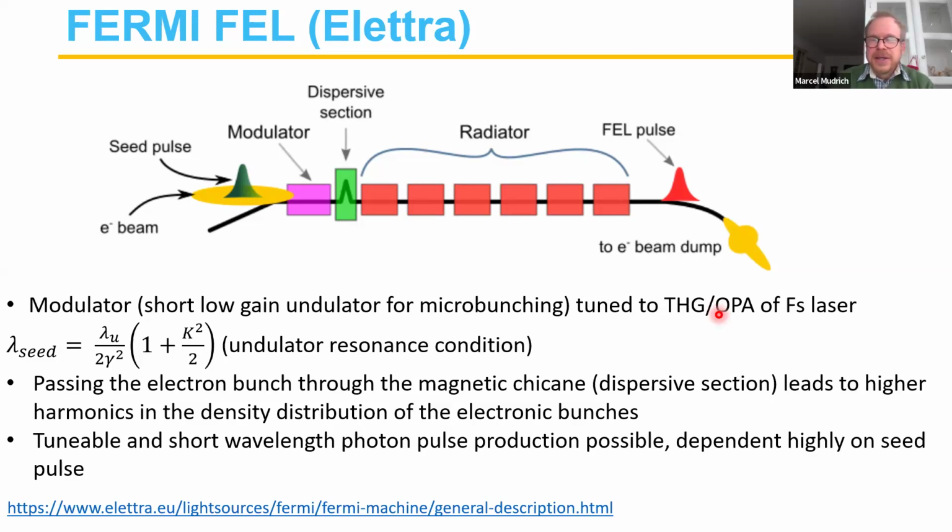That's a nonlinear process where, by frequency mixing two different pulses, you take the difference between two different photon energies, and the ratio between the two pulses created in the OPA can be changed by tilting the crystal and adjusting some components in the OPA. In this way we can tune the photon energy.